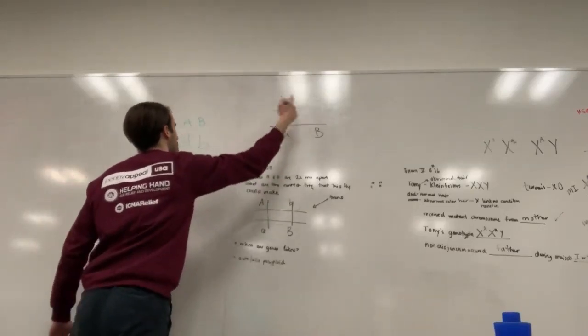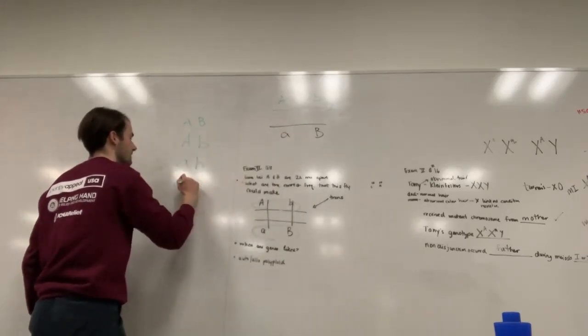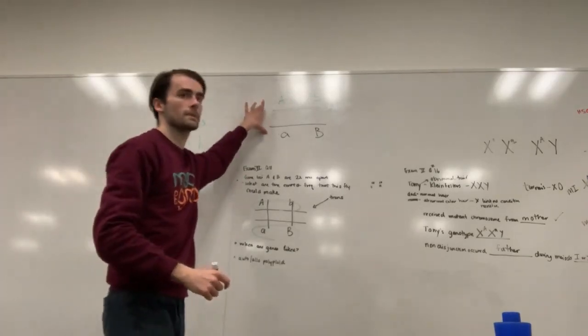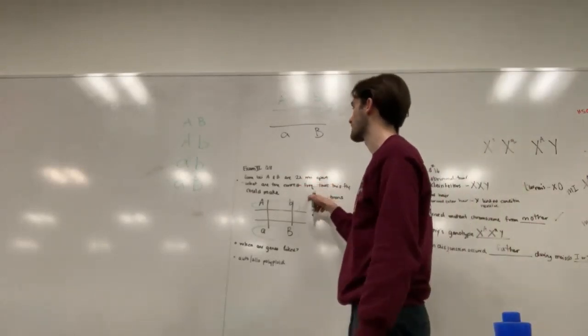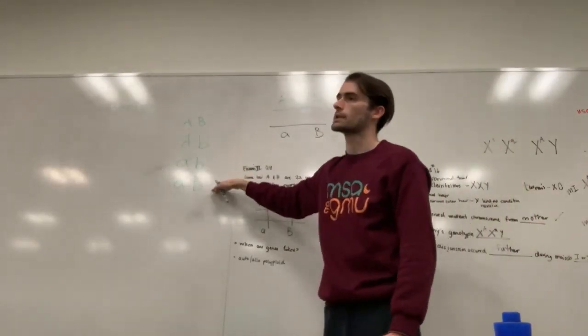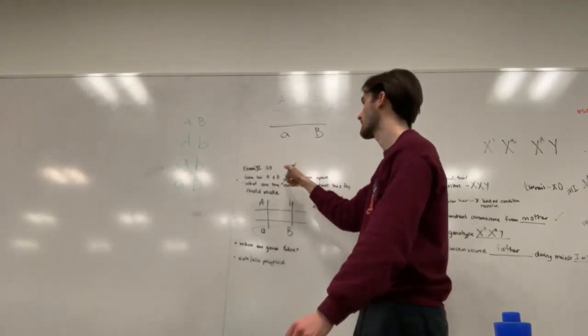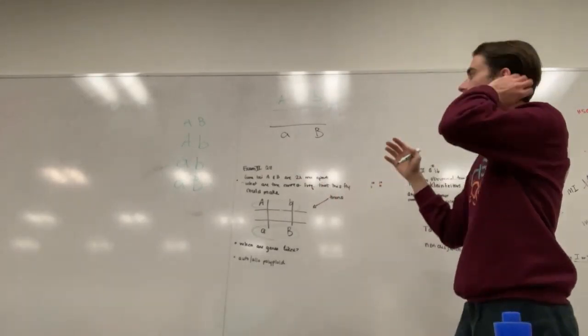The little a could be with the little b, or the little a could be with the big B. So these are the possible genotypes from a cross between these two individuals. And what it's asking is, what is the frequency of each offspring genotype, based on what we know about the distance between the two genes A and B?